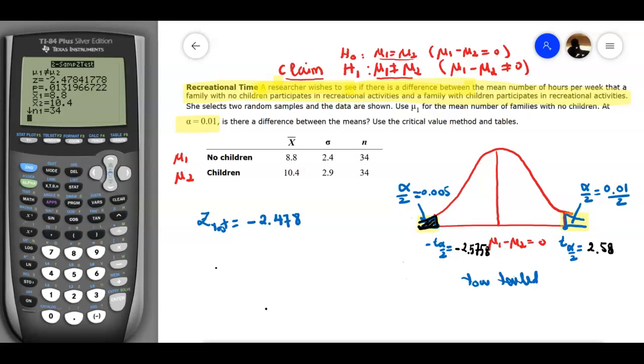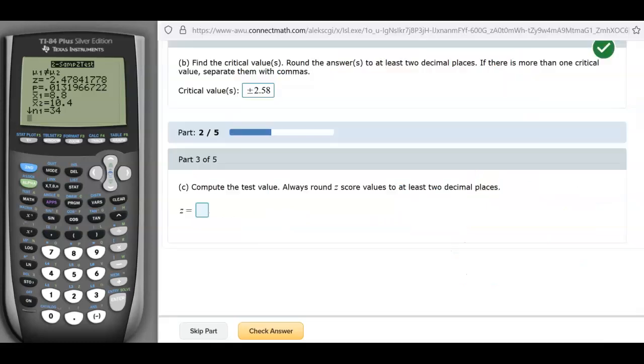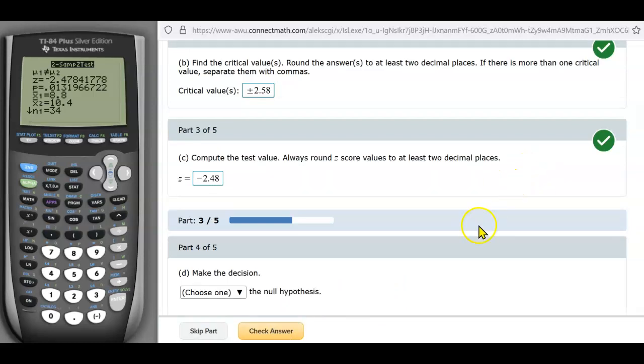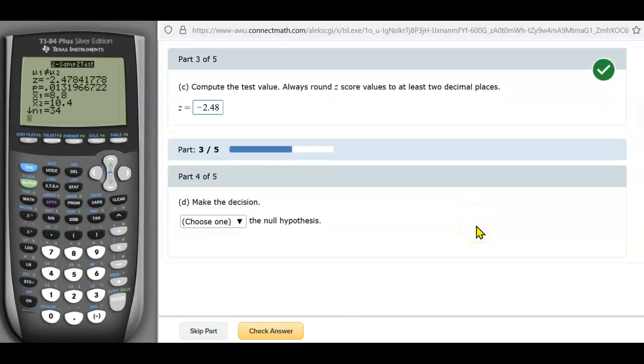Now you can round it to two decimal places, so you're going to be minus 2.48. Let's go and check it. So we're going to be minus 2.48 here, 2 decimal places. Let's check. Yep, it's good. Great.